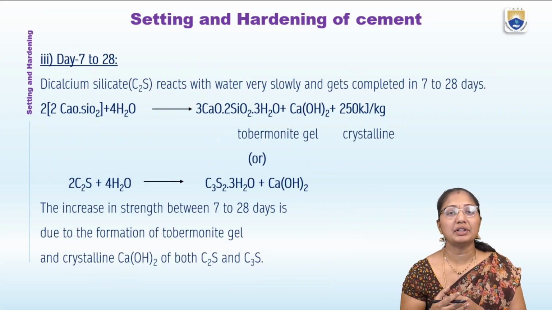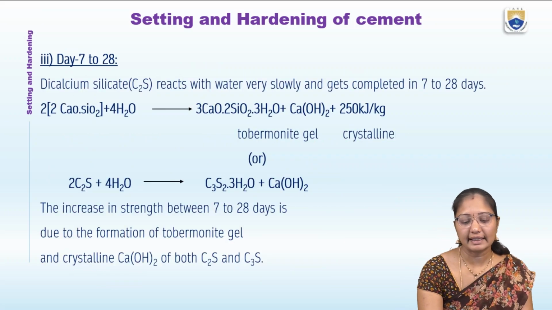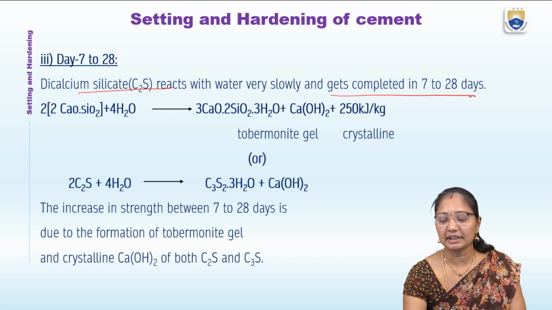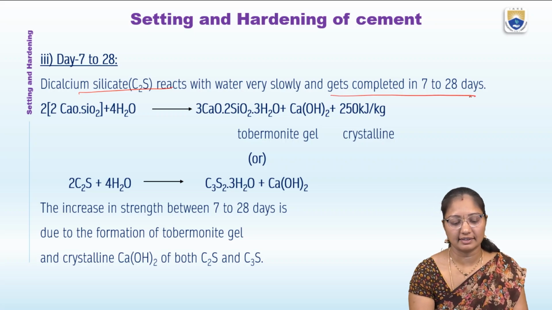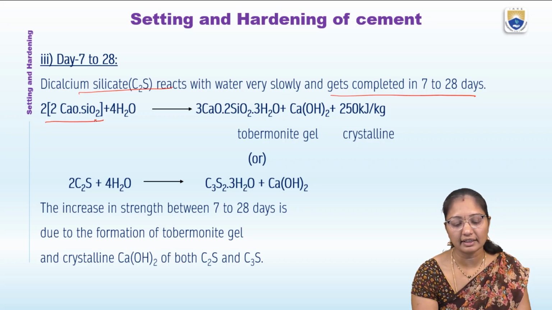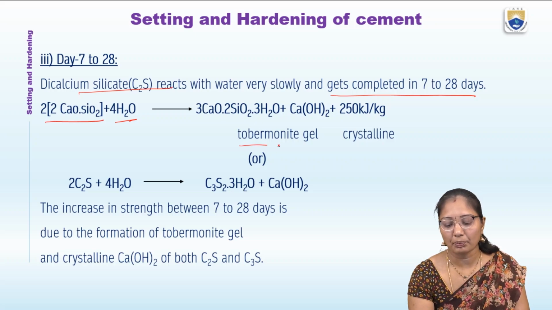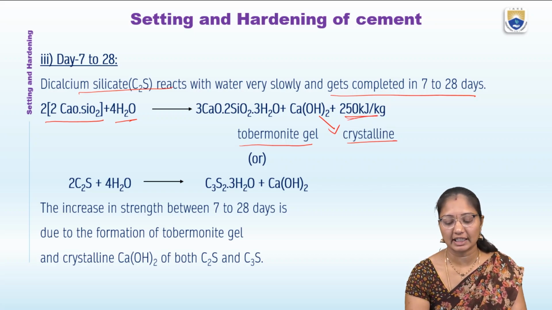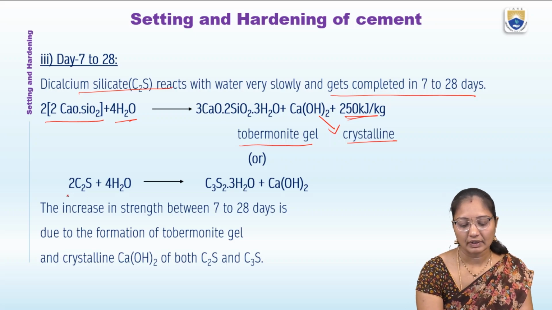Coming to day 7 to day 28, here dicalcium silicate reacts with water very slowly and gets completed in 7 to 28 days. The reaction involved is dicalcium silicate plus water molecules, a hydrolysis reaction, which gives rise to tobermorite gel and calcium hydroxide, which is crystalline. It is also an exothermic reaction which gives 250 kilojoules per kg of energy.